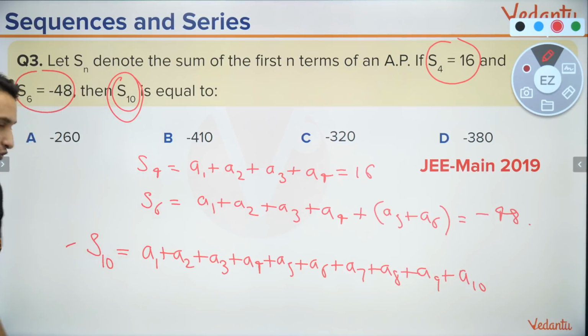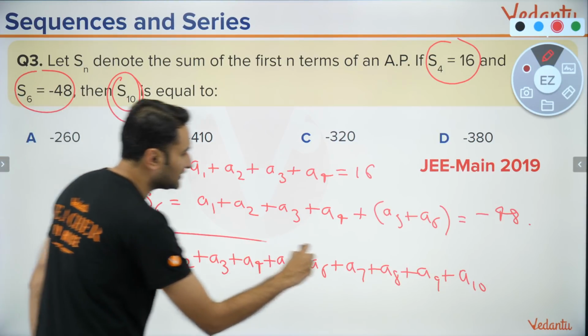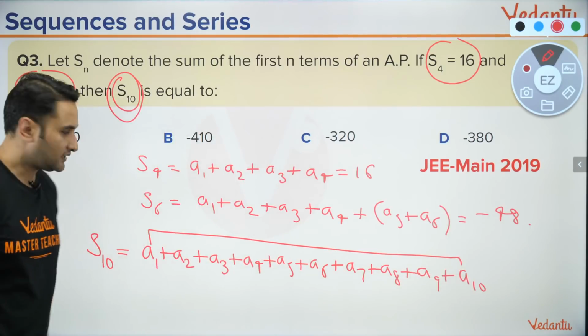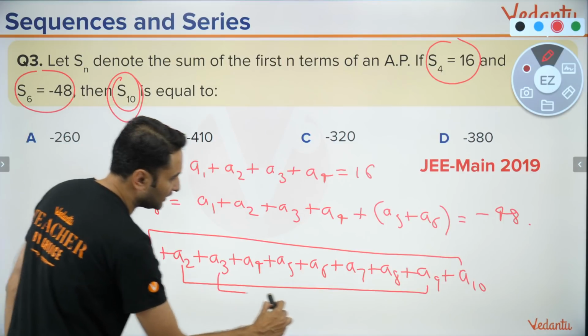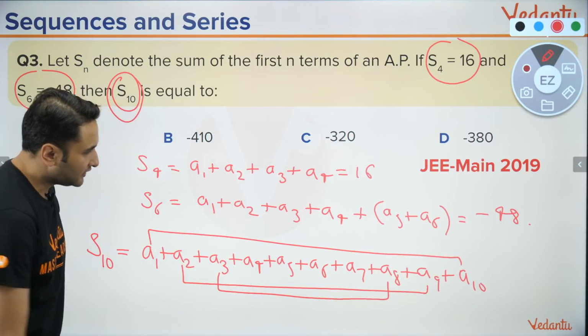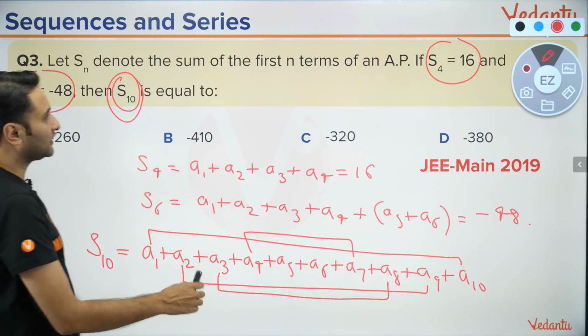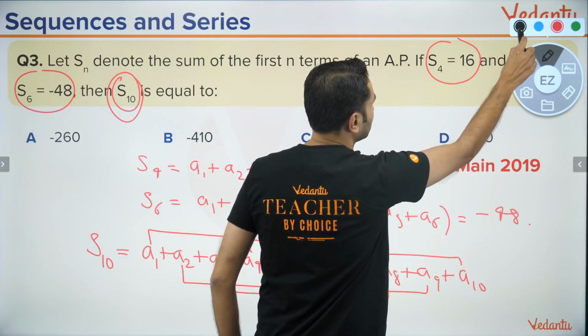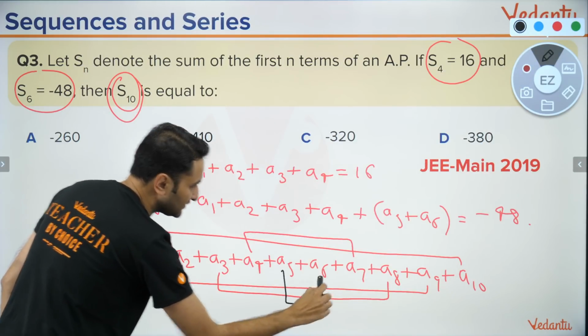What I want to show you is S10 is equal to A1 से A10 is same as A2 से A9 is same as A3 से A8 is same as A4 से A7, but most importantly it is same as A5 plus A6.